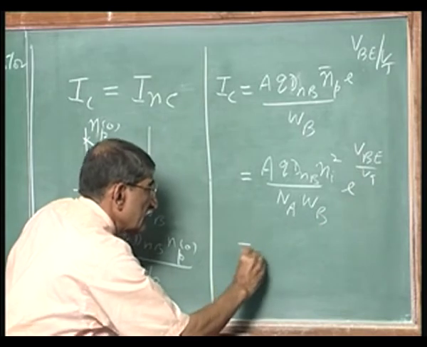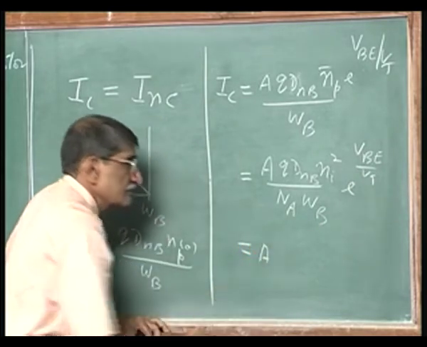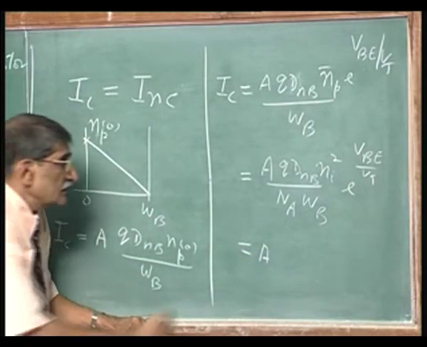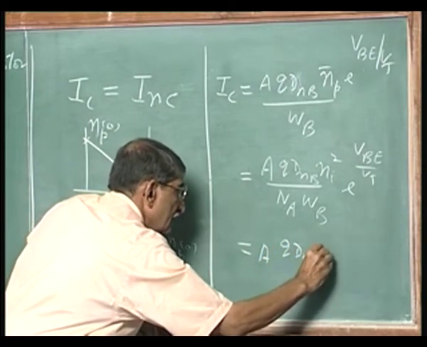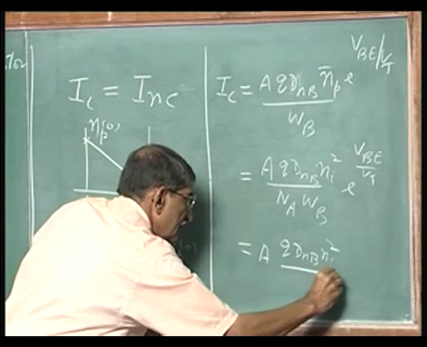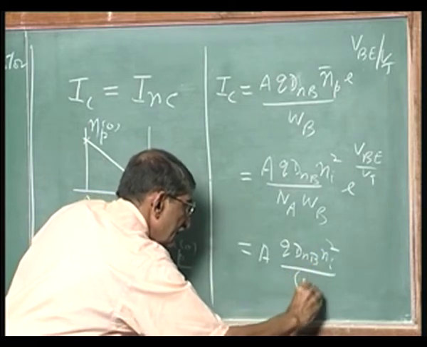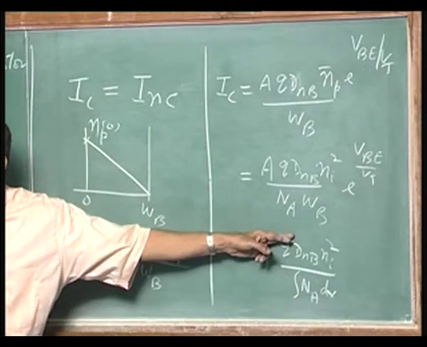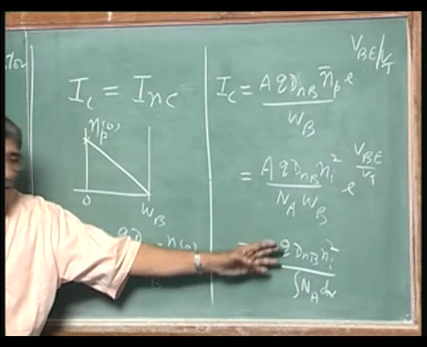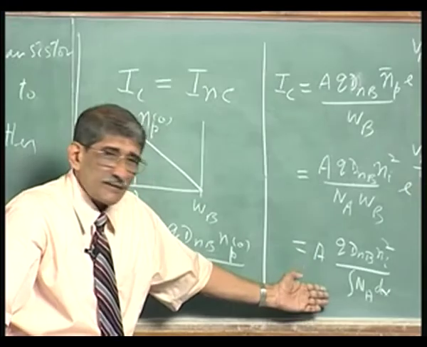And this I can write also as area A into Q DNB NI squared divided by the integral of NA dx. This quantity is the total integrated doping. In fact, if you write for the general case also, you will derive that equation.